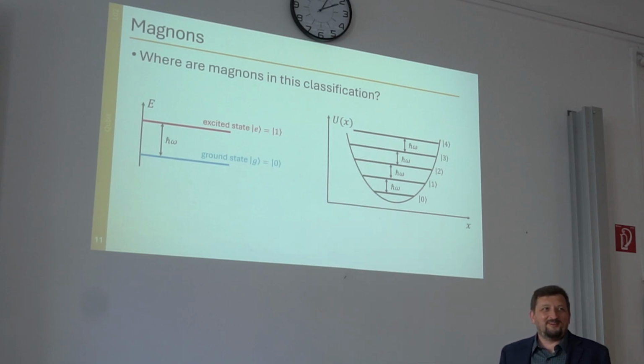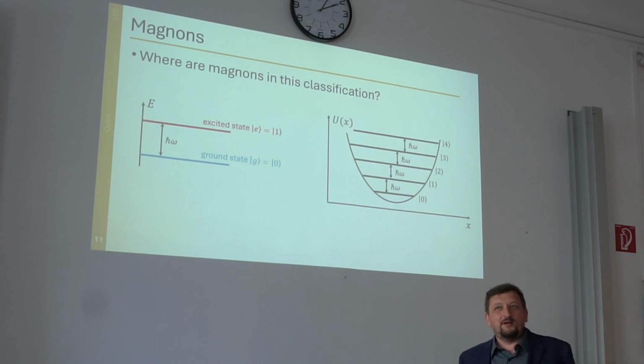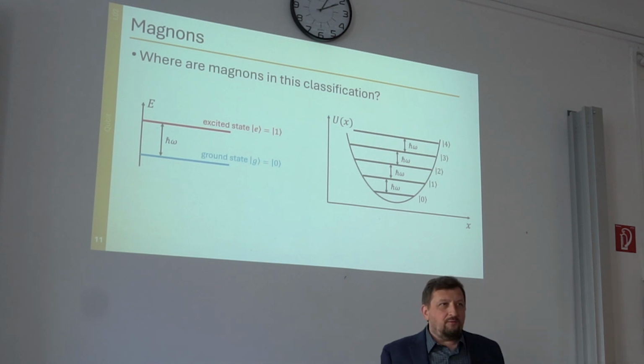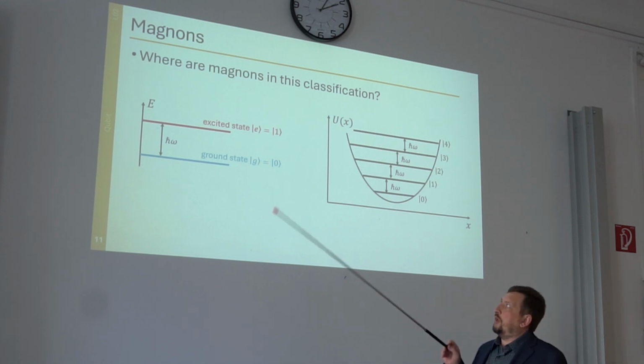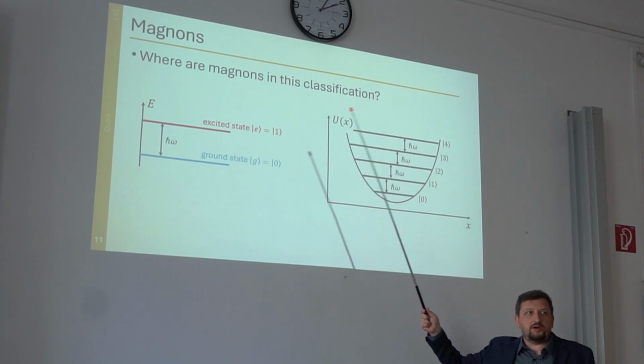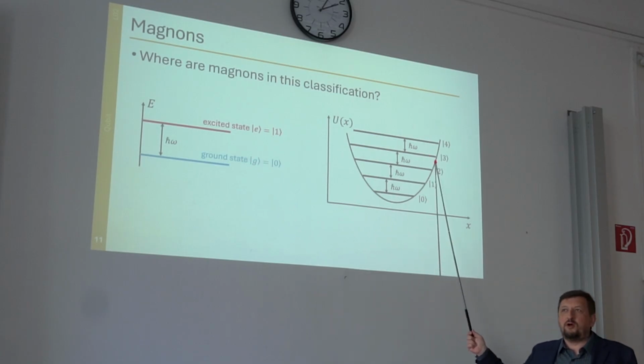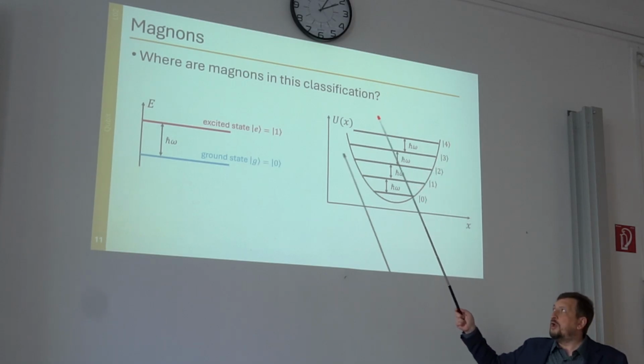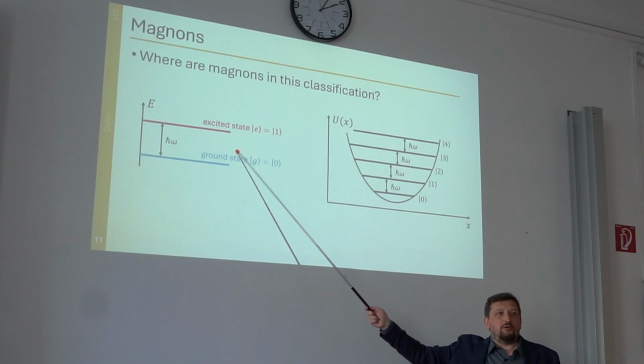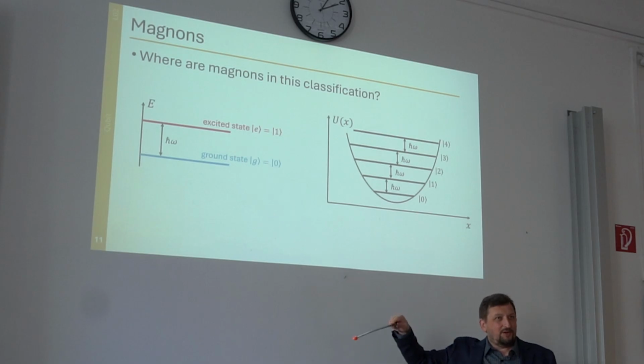We can couple a magnon to this superconductor. Well, if you have a qubit, you can couple it to this. If you have a quantum harmonic oscillator, you can couple it to another quantum harmonic oscillator. If you have a qubit, you can couple a qubit to another qubit. So these systems can be coupled as one.